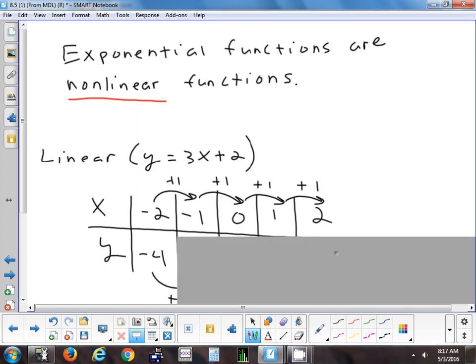Yep, -4. Now I'm going to fill in this next x value, and I'm going to see what y is. What's 3 times -1? Oh, Ben? 3 times -1 is 3. Or, yeah, -3. Plus 2? -1. -1. Good.